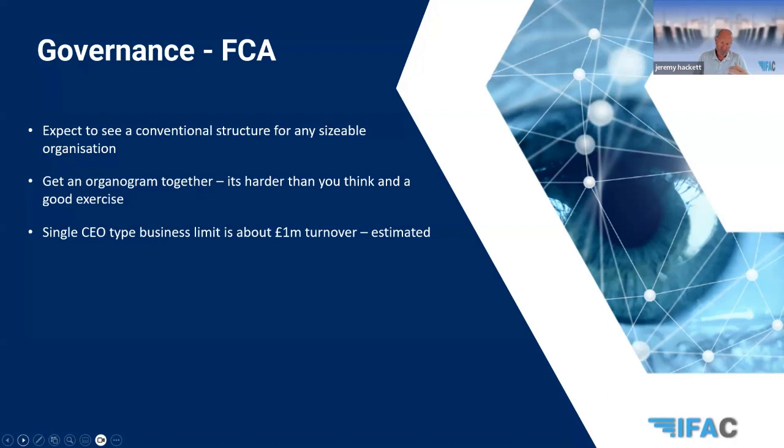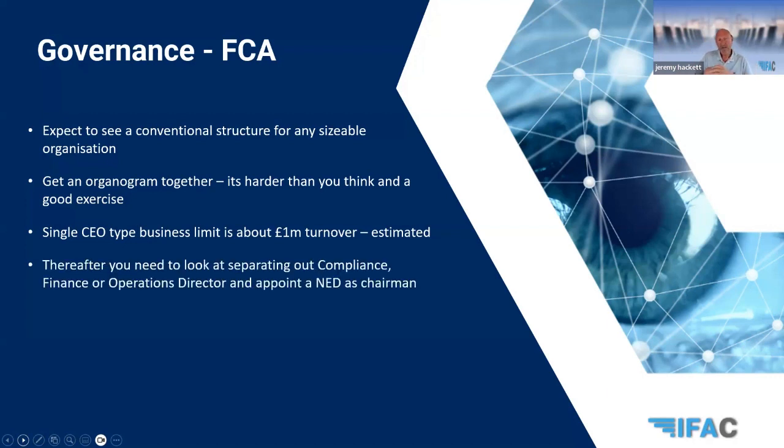Once we start to get north of £1 million as a turnover figure, then as a governance and best practice point, we really need to be doing some sort of separation, because one person cannot possibly wear all the different hats and give the responsibilities sufficient time.